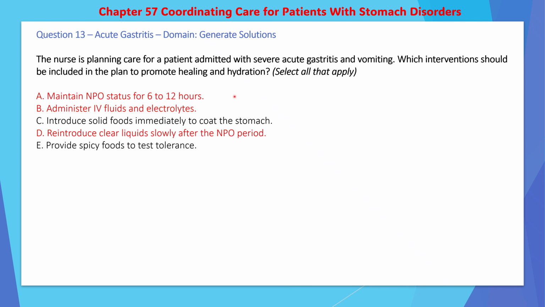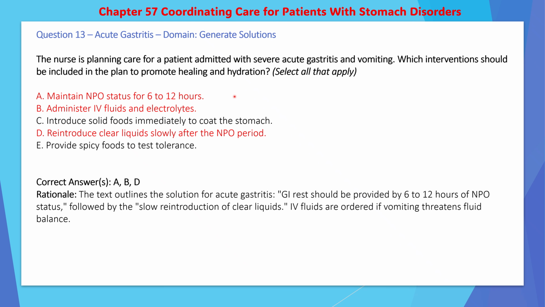And reintroduce clear liquids slowly after the NPO period, because GI rest should be provided by 6 to 12 hours of NPO status, followed by the slow reintroduction of clear liquids. IV fluids are ordered if vomiting threatens fluid balance.